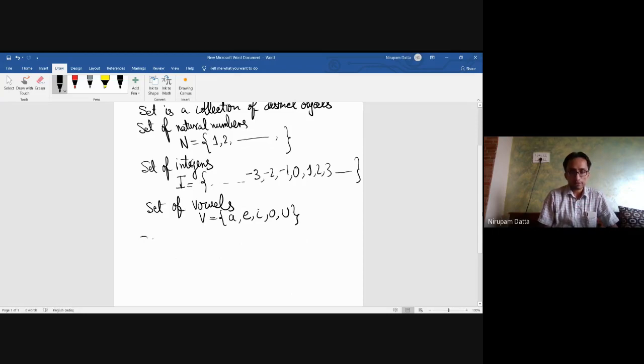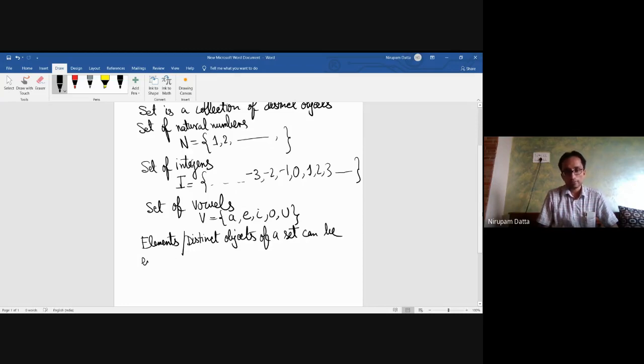Now, the elements or distinct objects of a set can be enumerated, that means they can be written in detail as shown above, or described, rather than writing in detail all the elements of the set.